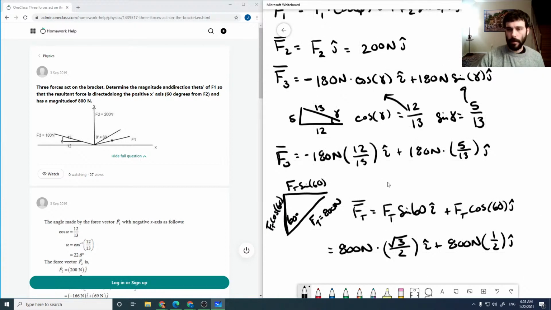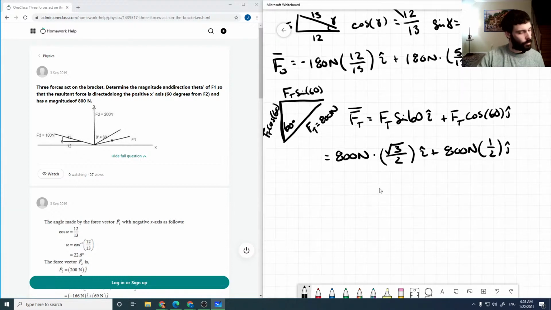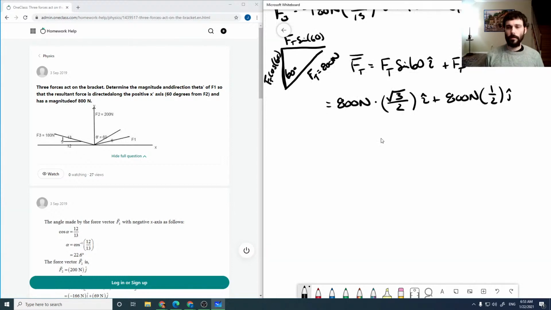And the best way here is to look at the directions separately. So in our x hat, well, first, I guess I should just start by saying that remember our F total is just the sum of our forces.